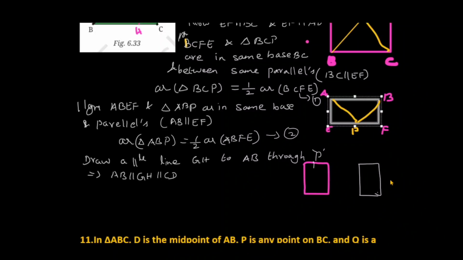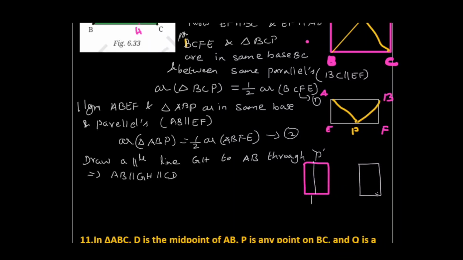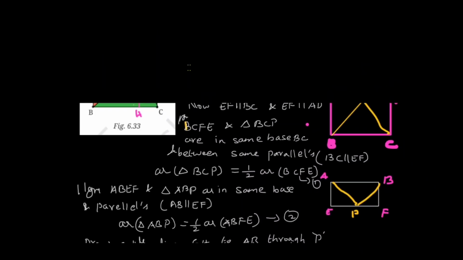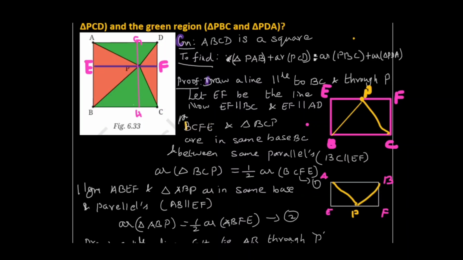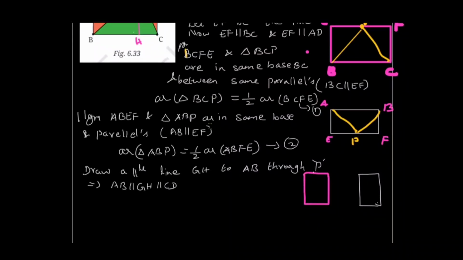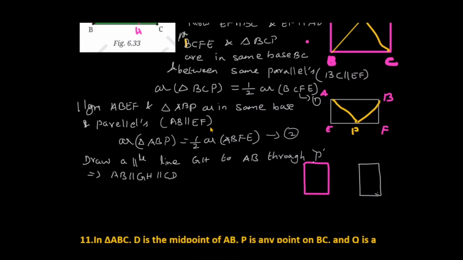One rectangle is ABHG, another rectangle is GHCD.